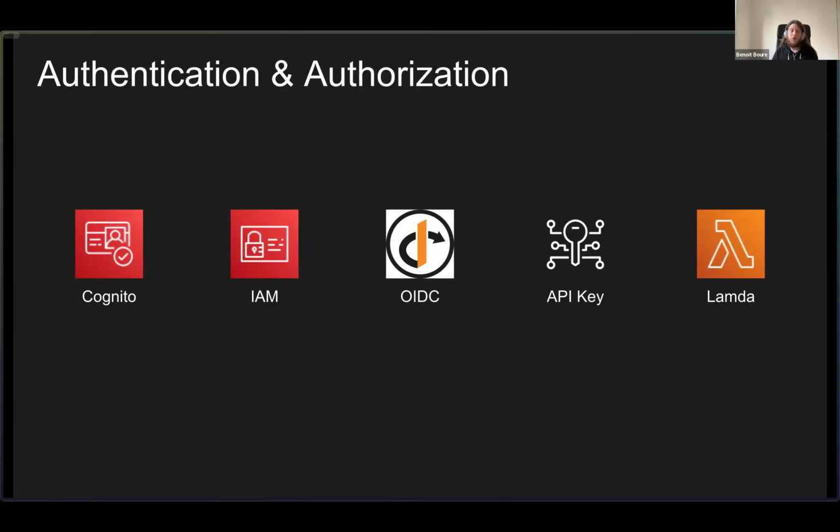If you come from a different provider, like Okta or Auth0, you can do that through OpenID Connect. For public APIs, you can also use API keys. And for more complex scenarios where you want more control over what your authentication looks like and what it does, or maybe connect to something that is not supported natively, you can also use AWS Lambda.